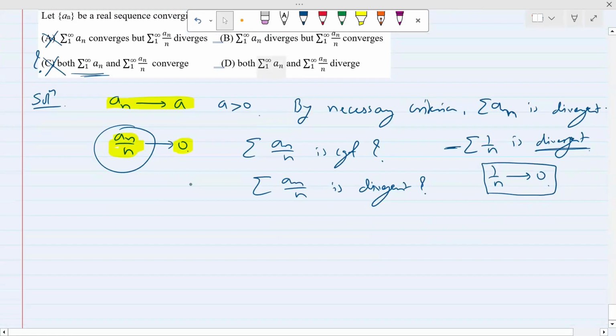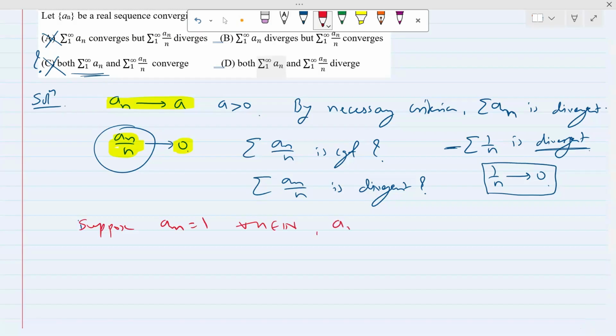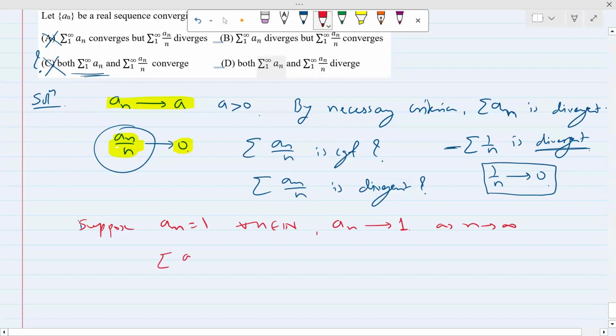Suppose I choose an is 1 for all n in N. Then where does an go? It goes to 1 as n tends to infinity. In this case, what can you say about the series summation an by n?